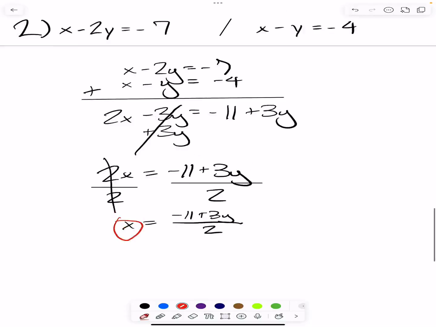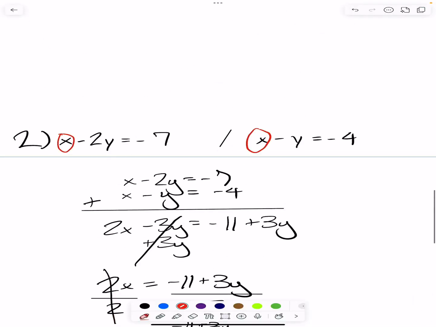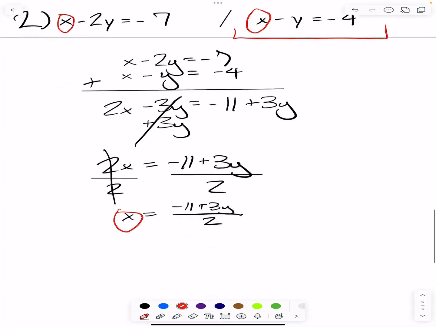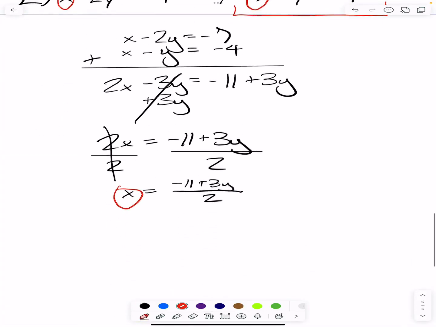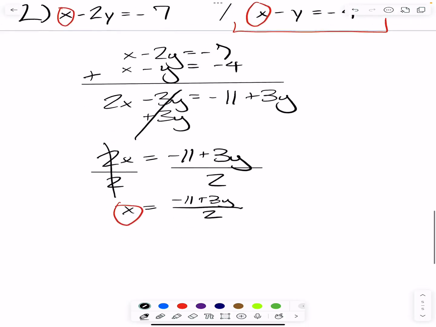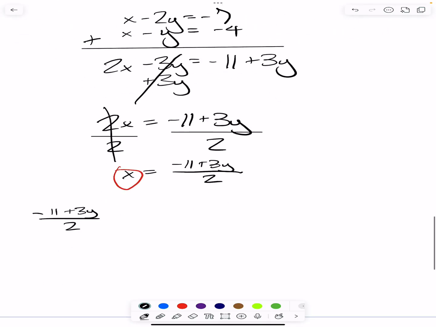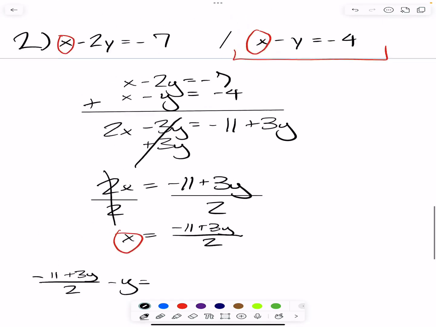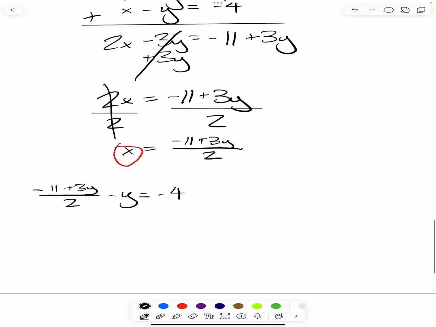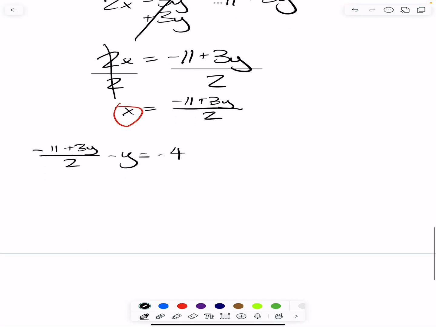Now that we have our x, let's plug our x back in for our x. I like this equation again because that just looks easier. So we have x minus y equals negative 4. Our x is negative 11 plus 3y over 2, minus y, equals negative 4. From here, what I would like to do is actually put that negative y over 2.